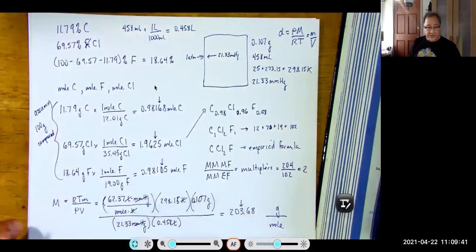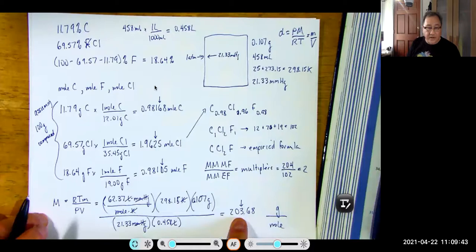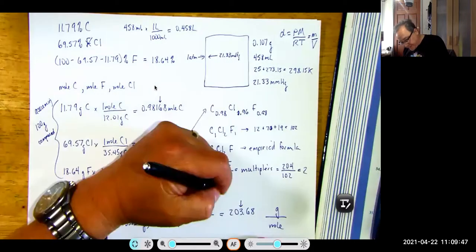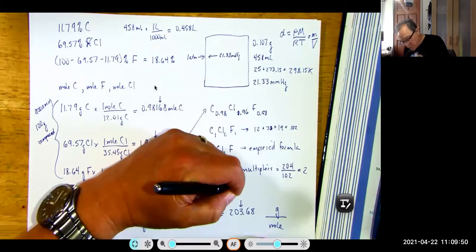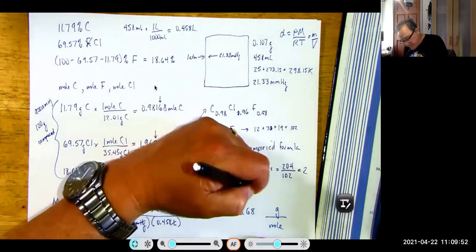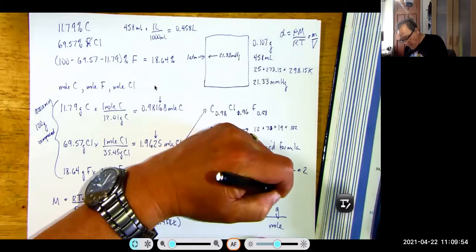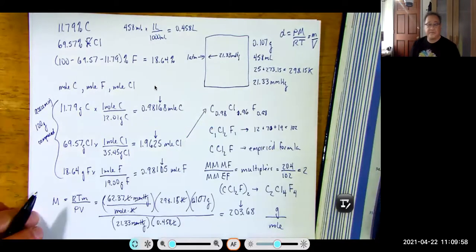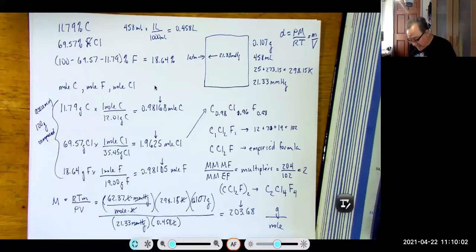I rounded that to 204. That's 102. And boom, we now get CCl2F, 2 of them, becomes C2Cl4F4. And that is the molecular formula.